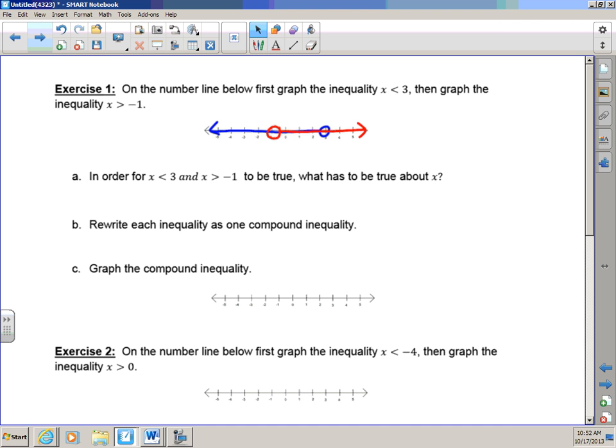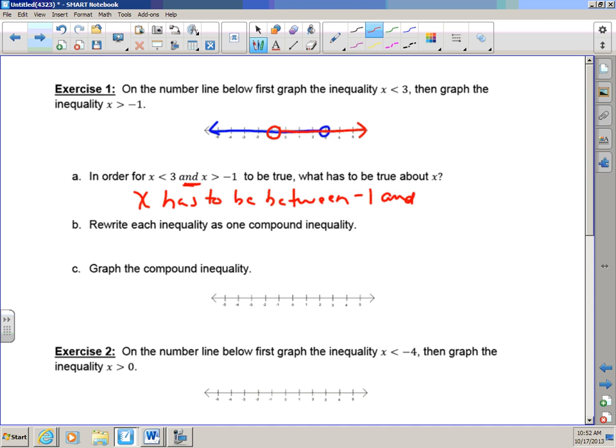For x to be true in both statements, what has to be true about x? Well, x has to be between negative 1 and 3. It cannot be negative 1 or 3 since there are open circles there.